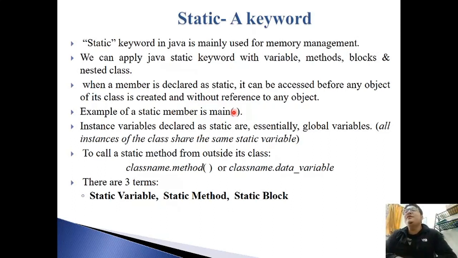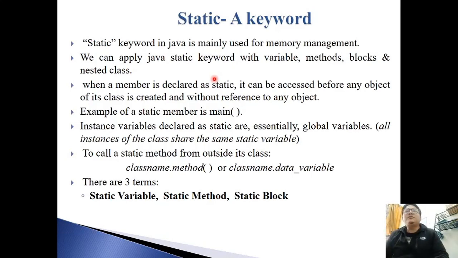So we need not create the object of that class to invoke the main method. It is automatically invoked. Next, whenever we declare a member as static, it can be accessed before any object of its class is created, without reference. So I can declare any members as static data members.